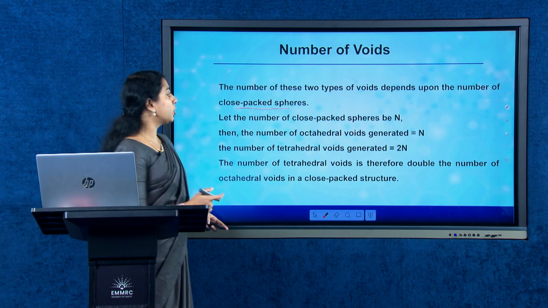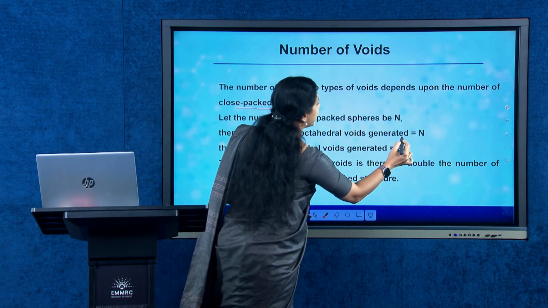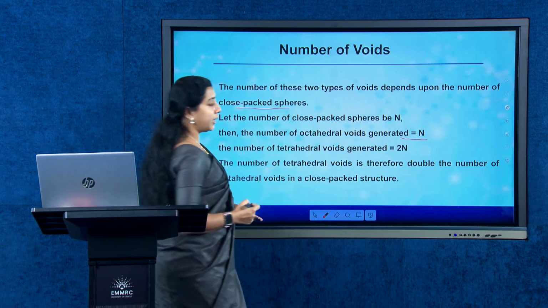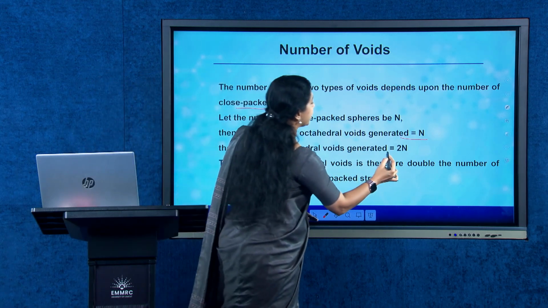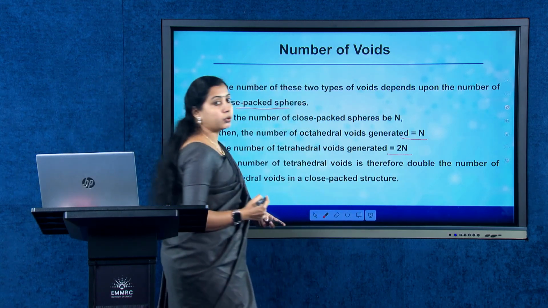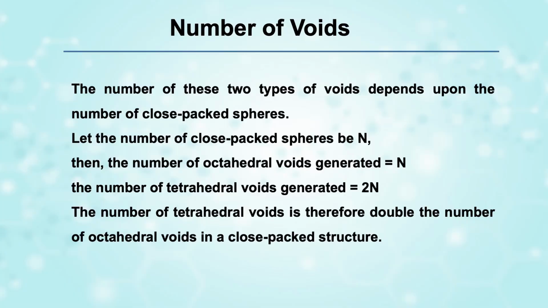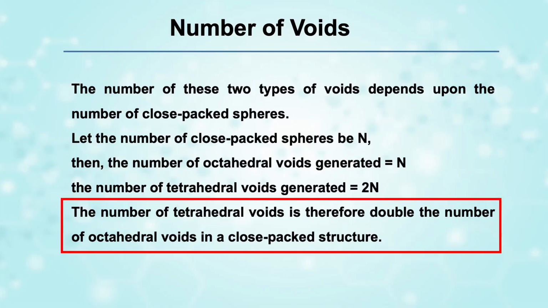Then the number of octahedral voids generated will also be equal to n, whereas the number of tetrahedral voids generated will be equal to 2n. So, we can see that the number of tetrahedral voids is double the number of octahedral voids in a close packed structure.